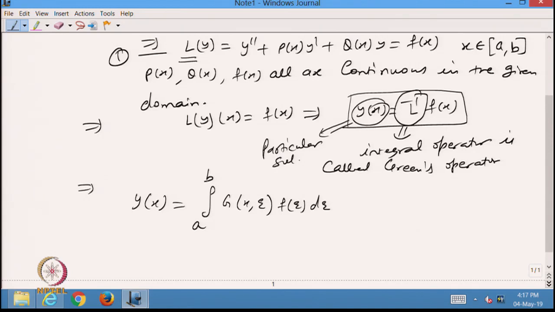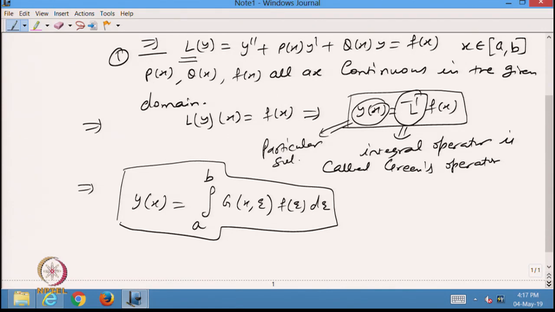If I do this, this is the L inverse operating on the function f(x). We call it f(xi) because this is the indexing we are taking. In this case this is the solution of the given differential equation 1, and here g(x, xi) is called the kernel, and this kernel is called Green's function.